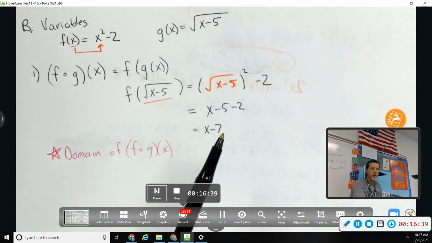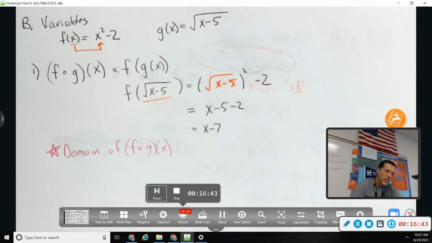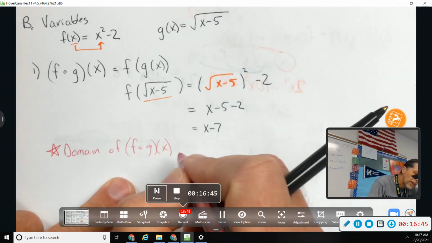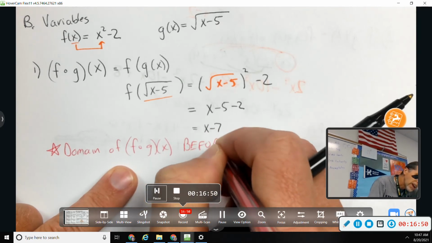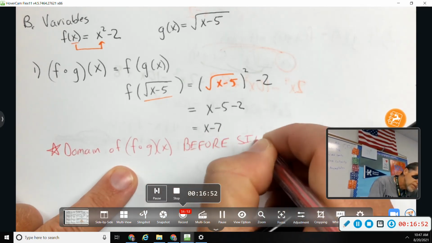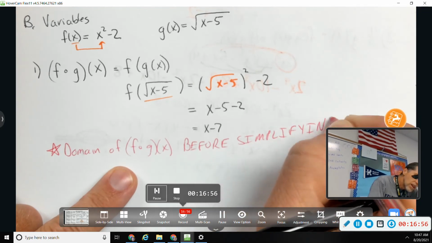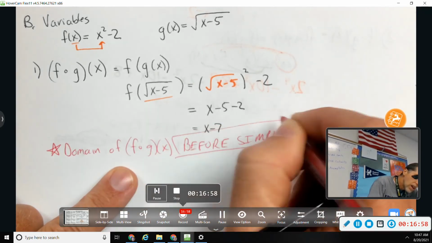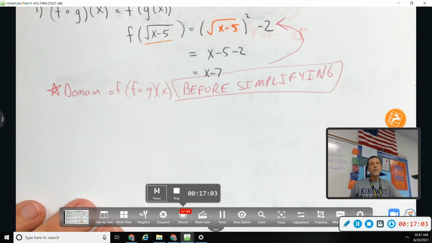I can plug in anything I want there. The trouble is, to answer this question, we have to answer the domain of f of g of x before simplifying. So we need to kind of back up to there and talk about the domain.